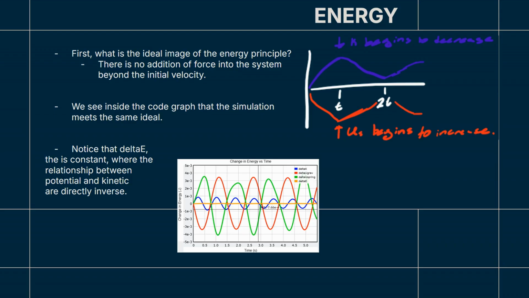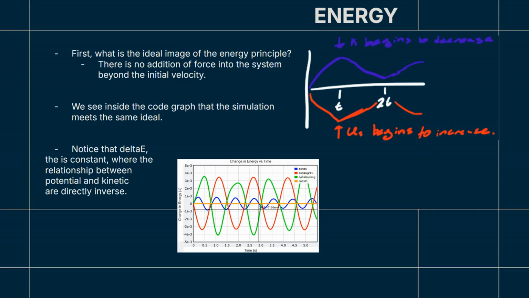In terms of our energy, we have to realize what the ideal image of the energy principle is, where no additional force into the system is given beyond the initial push. On the right, we see this graph, however well it's drawn, and we can see that K begins to decrease after the first peak, and at that same exact time t, U_s begins to increase.